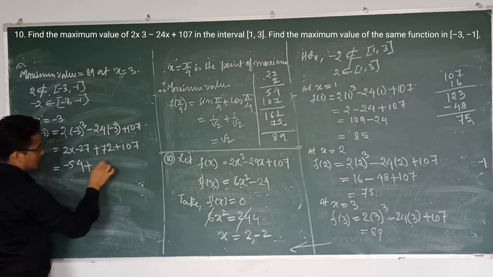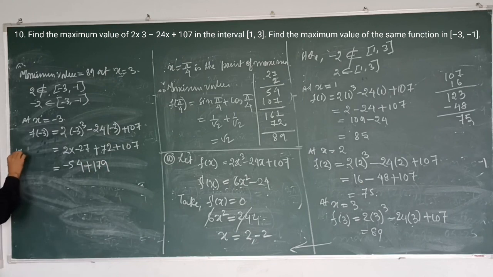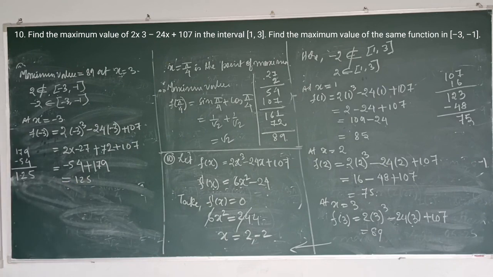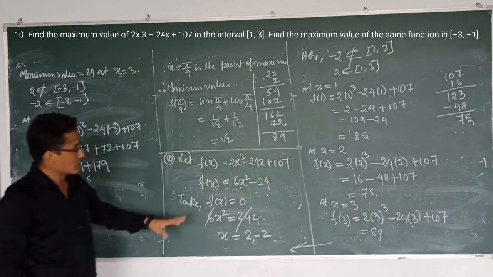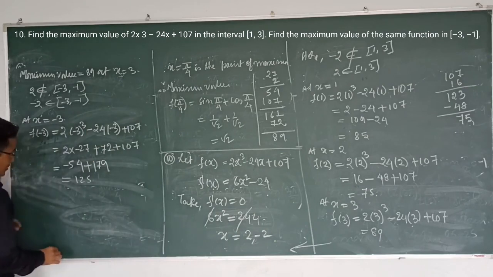So this is 7 plus 2, it's 9, then it's 7, 1, 179 minus 54, that means 4 5 9, then 7 it's 2, then 1, which is equal to 125, okay. You check the calculation once, okay. So in calculation I am doing sometimes it's wrong, okay. So these are the plus minus calculations, everybody knows.